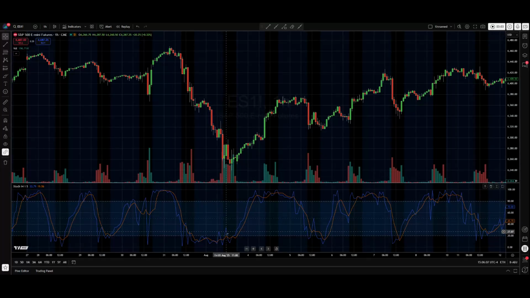So that is a divergence between what the stochastic model is showing and what price action is showing. That signals a potential reversal combined with a crossover here, and you get a bullish reversal moving to the upside.